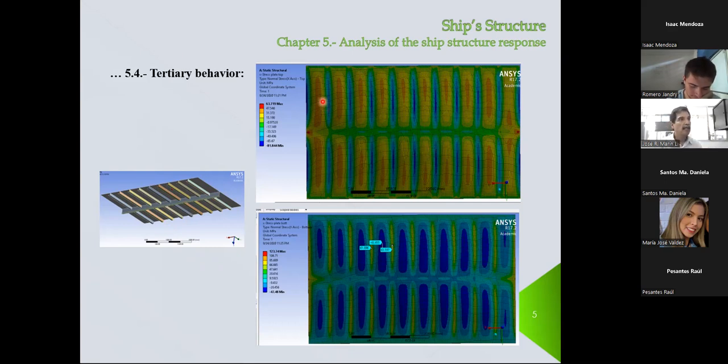You see that this color is more or less going to be about here, so that's positive. That means on this part the stress in the x direction is positive. But then here you have the reinforcement, the stiffener. You see that this is blue, so in blue you have negative sign.